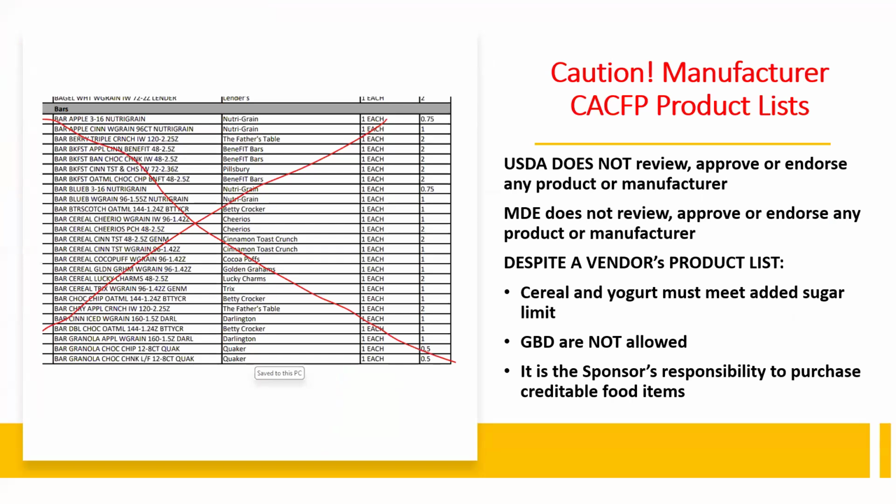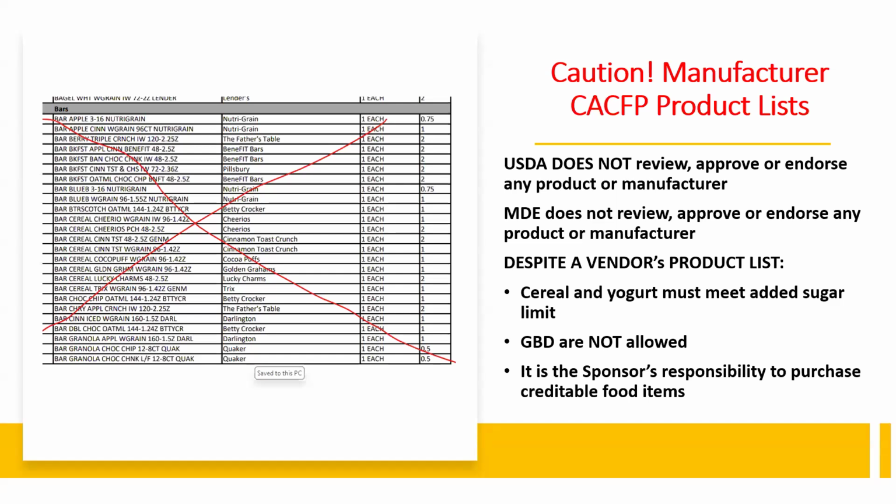One thing to point out when it comes to manufacturer products. So USDA does not review, approve, or endorse any product, nor do we at MDE. You may see vendor products and items stating things like CACFP approved. Please don't follow that. I know that's very confusing, but not all the foods that state that are actually approved.